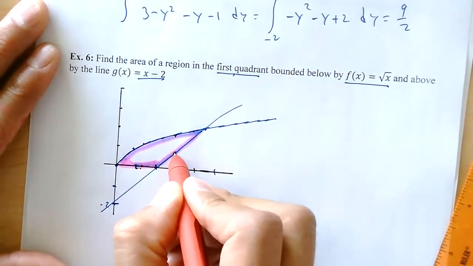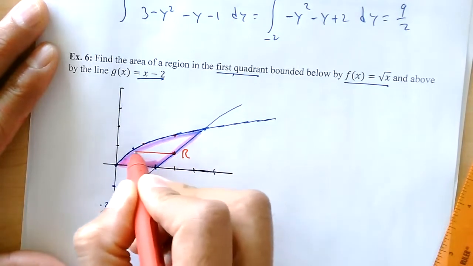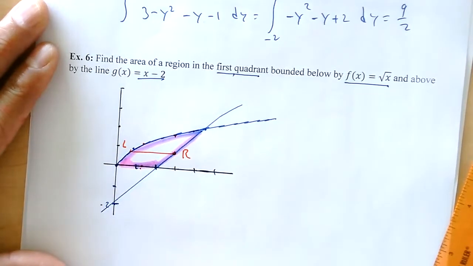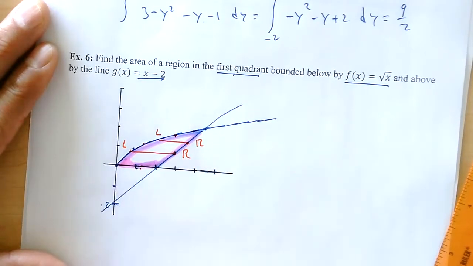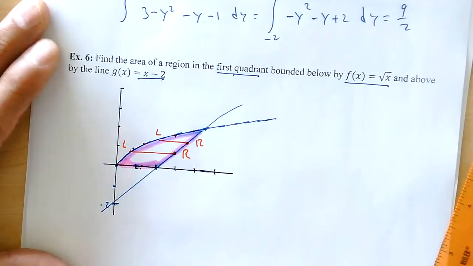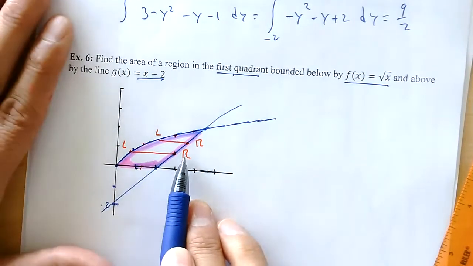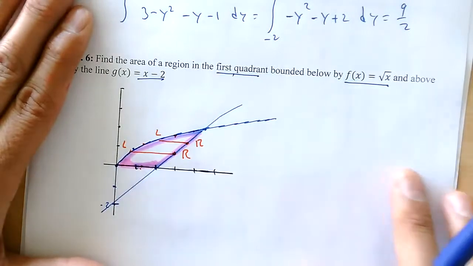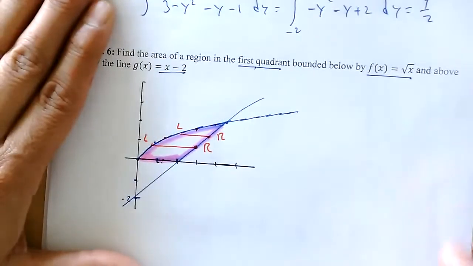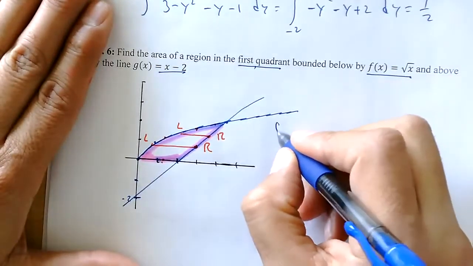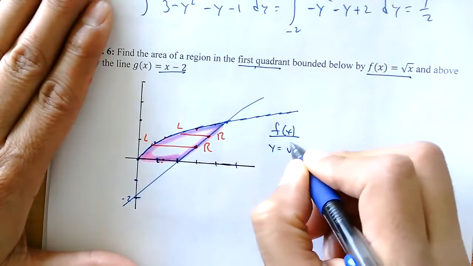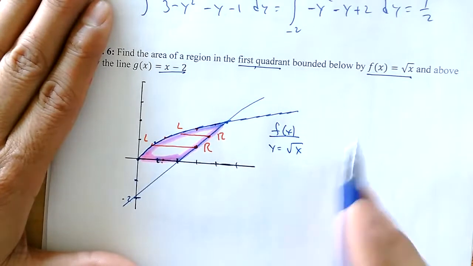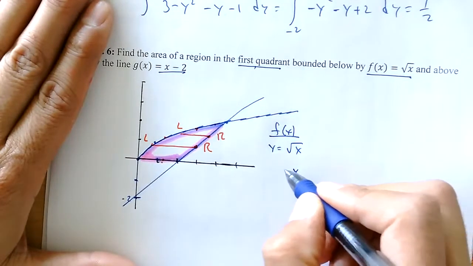Why don't we go right to the left? And everywhere along this region, this is always the right and that is always the left. So I'm going to be in terms of y, right minus left. But in order to do that, I need to figure out that function in terms of y.